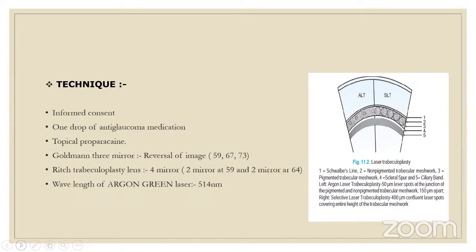The Ritch trabeculoplasty lens has 4 mirrors, 2 mirrors at 59 degree and 2 mirrors at 64 degree. In this picture we can see the ALT spot size is small and the SLT size is 400 micrometer. So with the larger size, full thickness of the TM is involved in the SLT.